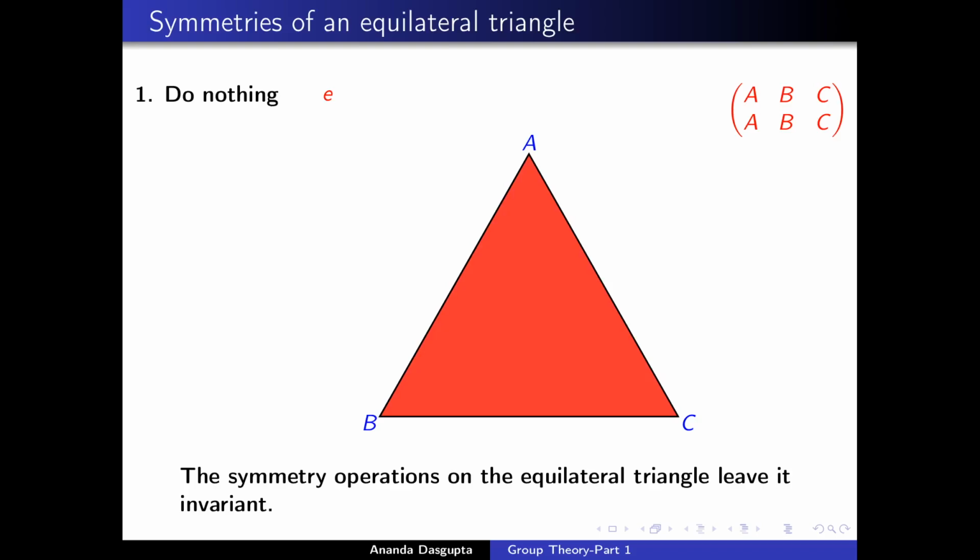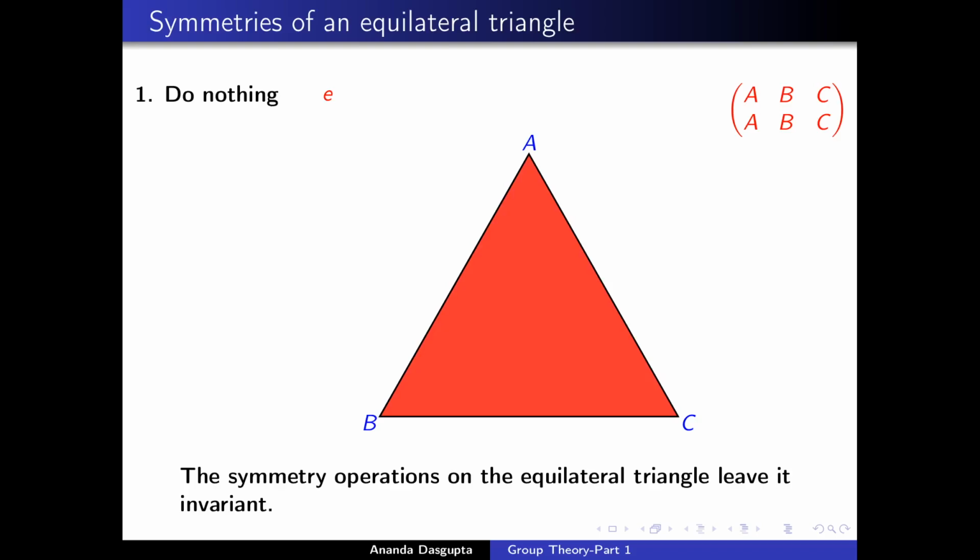Now, one symmetry operation that is available for every physical object or geometrical object, no matter how complicated its shape might be, is the very first one in our list, simply doing nothing to it.